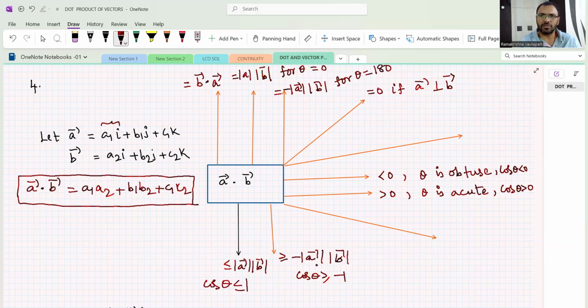All right, so therefore A bar dot B bar belongs to the interval from minus mod A bar into mod B bar to mod A bar into mod B bar.